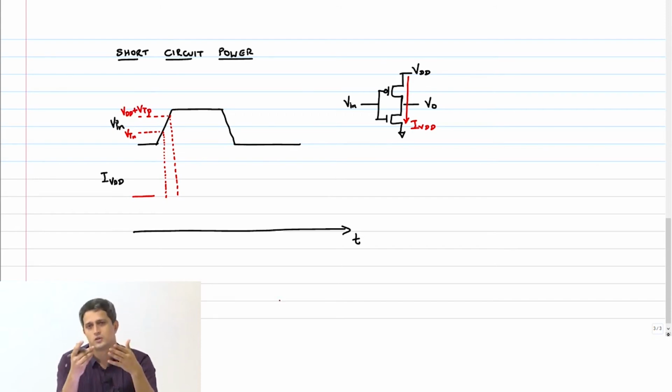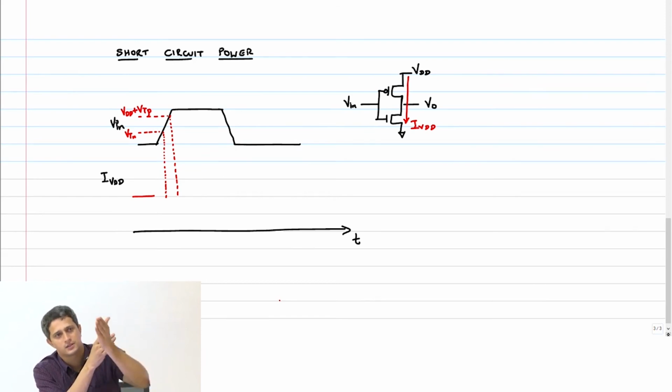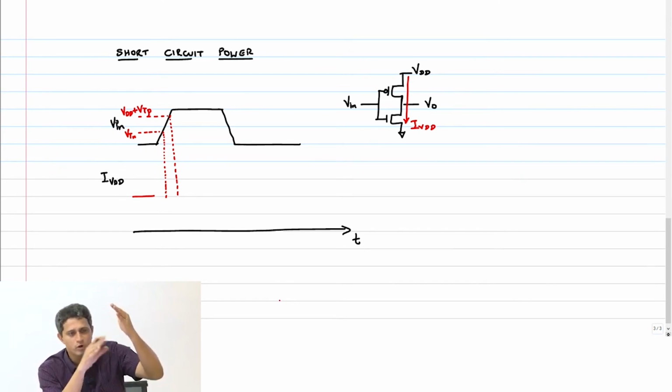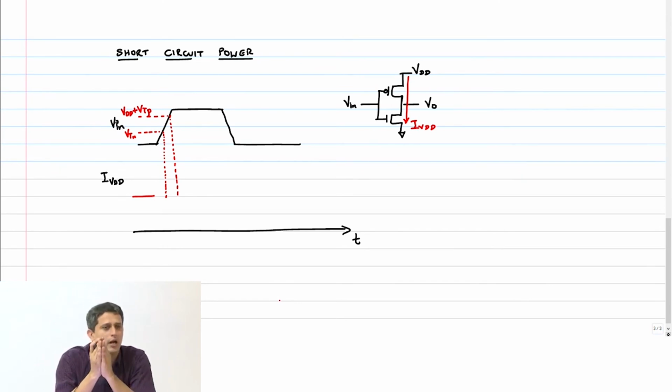In between, your current is going to go up and then come down. As the input crosses VTN and starts turning on the NMOS transistor, NMOS starts in saturation, PMOS in linear. Slowly the PMOS will also come to saturation mode, at which point the current will be maximum.